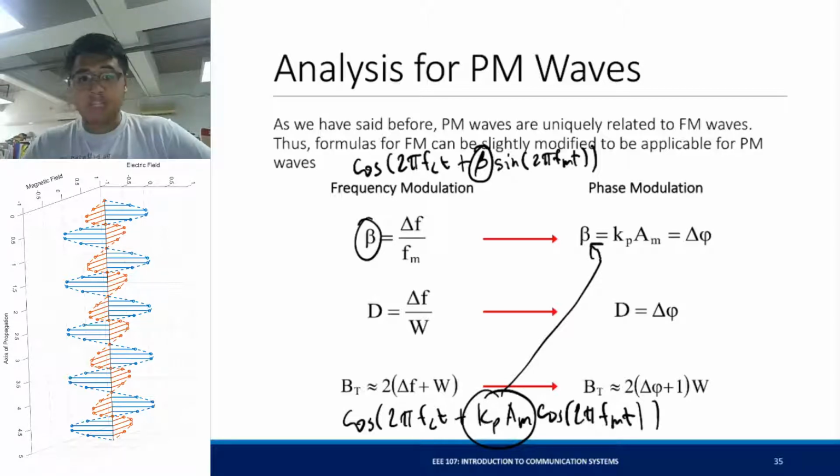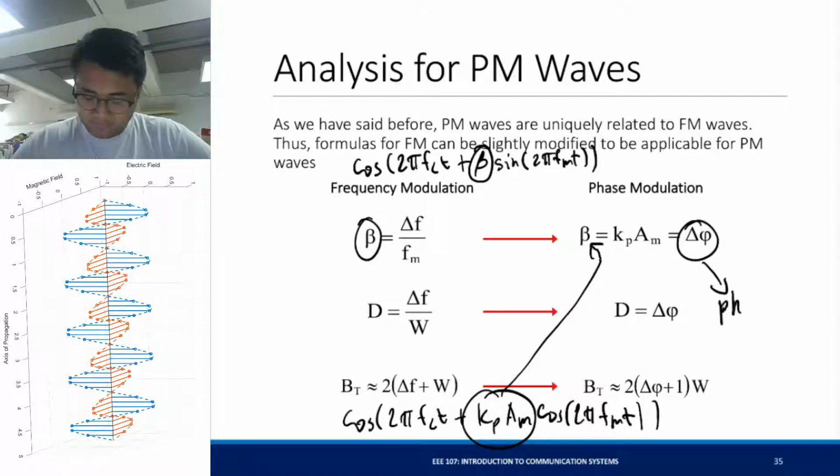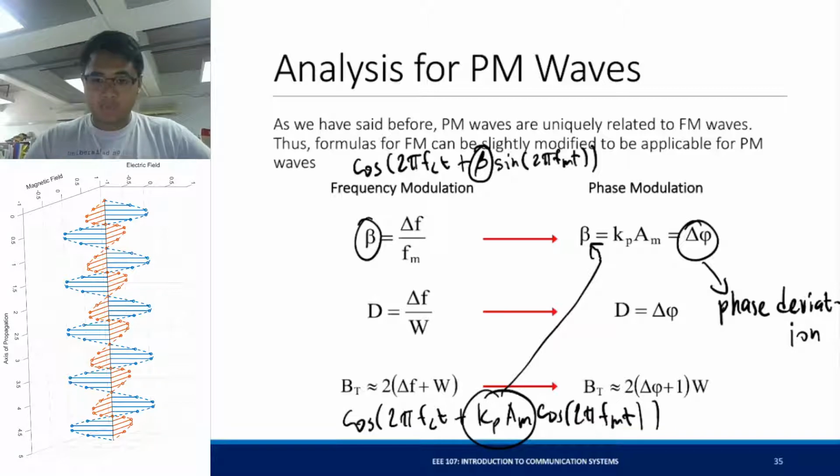Now, generally, if we have a delta phi maximum phase deviation, okay, that will be your deviation ratio right here when we want to analyze PM waves.